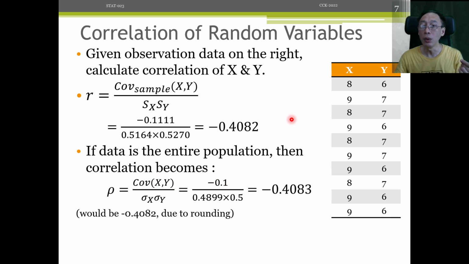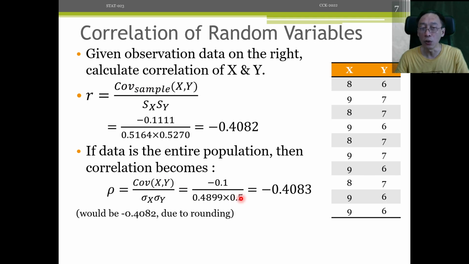And we will recalculate this treating it as population. The population standard deviation of x will be 0.4899. Likewise for the population standard deviation of y: the data don't change, but the formulas for the population standard deviation and the sample standard deviation are slightly different, just like the difference between sample covariance and population covariance.